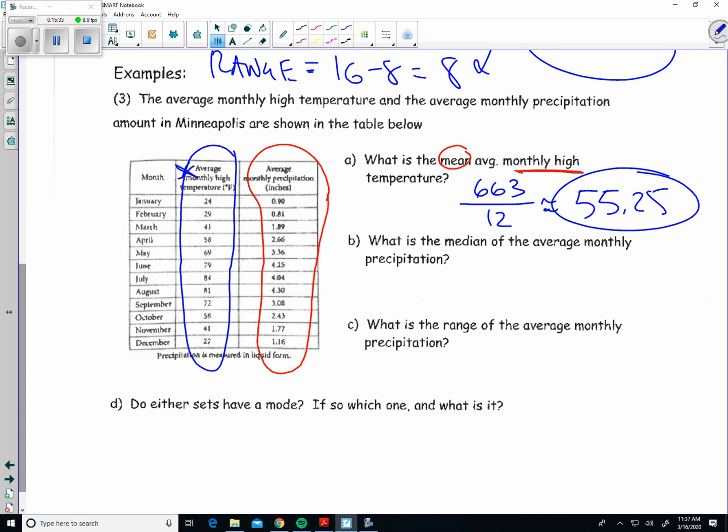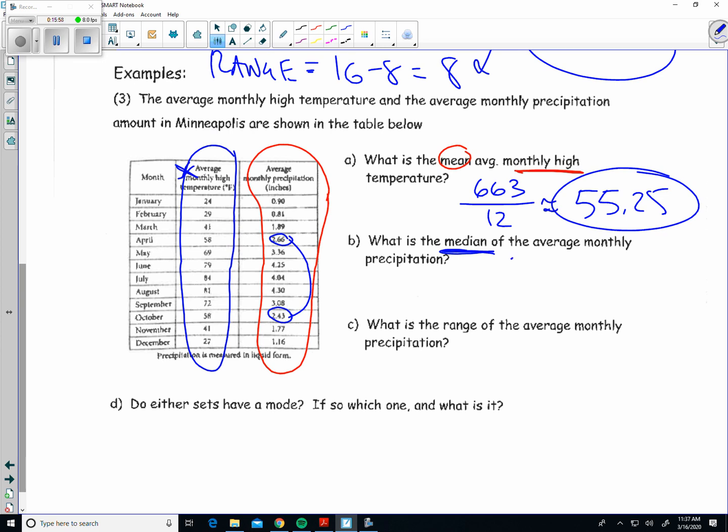Question B asks, what's the median of the average monthly precipitation? For this one, you have to put them in order and find your two numbers that are in the middle. When I put them in order, 2.43 and 2.66 are in the middle. Remember, you have to order these from smallest to largest when you want to find the median. Since we've got 12 months, we have two digits in the middle.